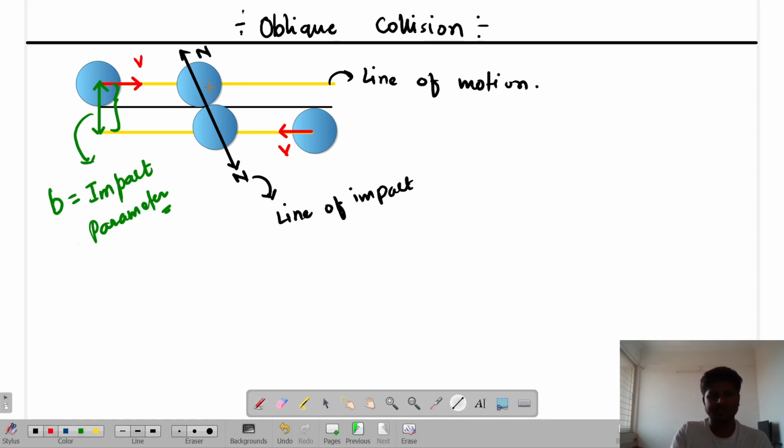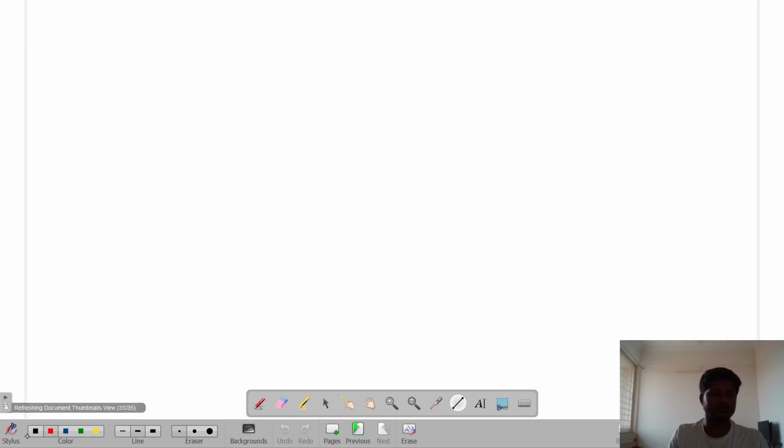Let's suppose their velocities are v1 and v2. Their velocities along the line of impact depend upon the coefficient of restitution, while along the perpendicular line, the velocity is going to be the same. We'll get to know about this through examples, since we can't do it using simple arguments. We need some conclusions to understand this in a better sense.